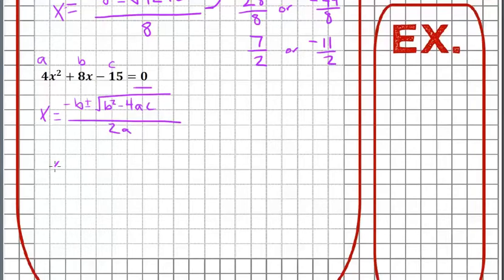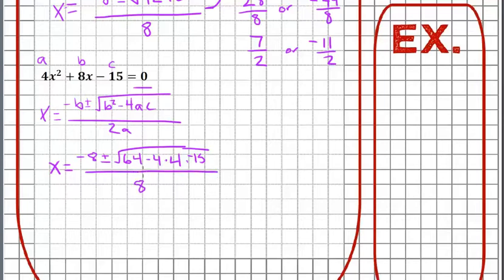And now let's plug in. x equals the opposite of b, so that's negative 8, plus or minus the square root of b squared, 8 squared is 64, minus 4 times a, which is 4, times c, which is negative 15, all over 2 times a, which is 2 times 4, which is 8.